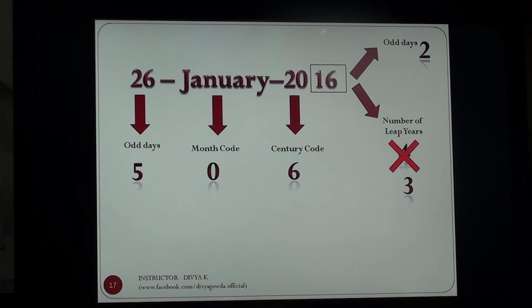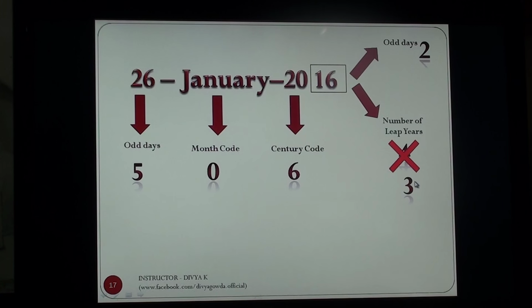By chance, instead of 26 January, if I give you something like June, December, September, March, or any date after February 29, then you can easily consider there were 4 leap years. But before Feb 29, if you get any date in a leap year, you should consider 1 leap year short. That is, if you get 4 leap years by the answer, you just minus 1 and take 3.